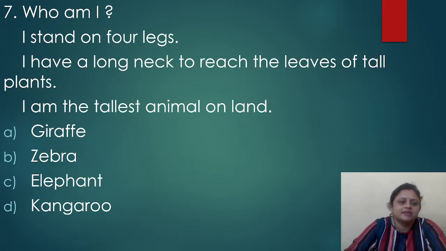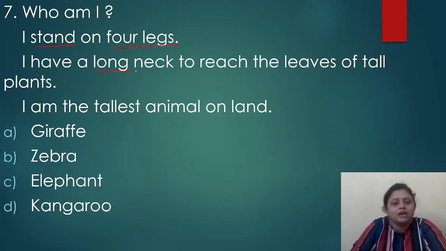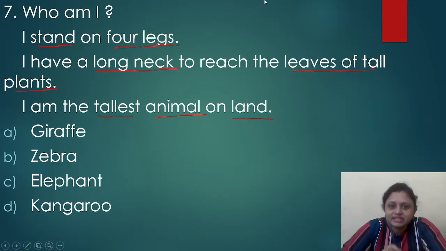I stand on four legs. I have a long neck to reach the leaves of tall plants. I am the tallest animal on land. Okay. And what are the options given? A. Giraffe, B. Zebra, C. Elephant, D. Kangaroo. So I hope all of you know the answer, right?